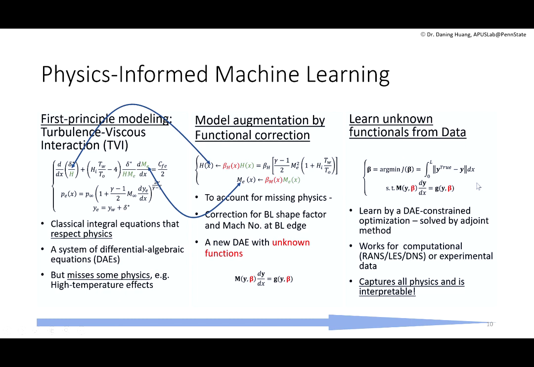And then with this approach, we are able to find some functionals to make this simple model as accurate as, for example, the RANS solution. And also, it can capture the relevant physics, and from the functional form of this data, it is also interpretable.